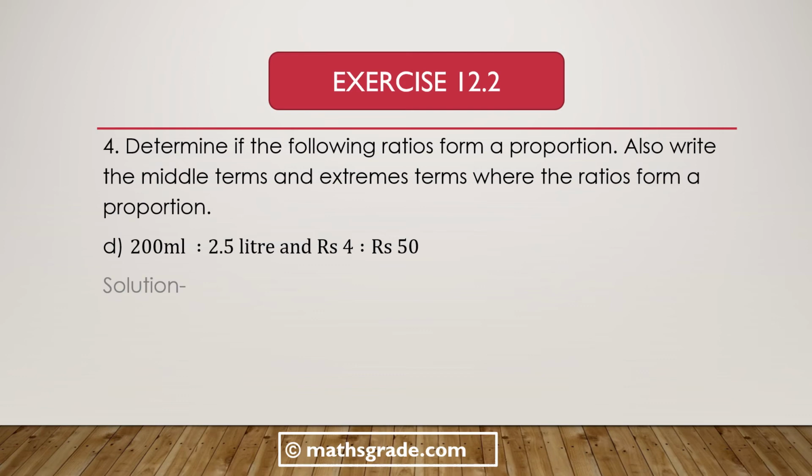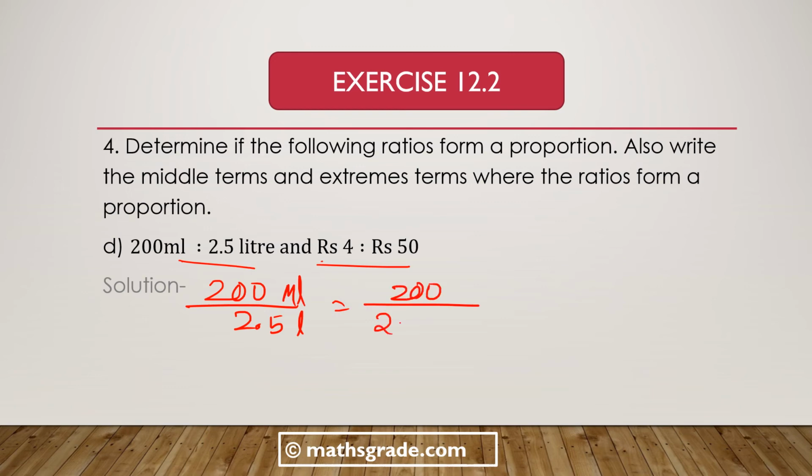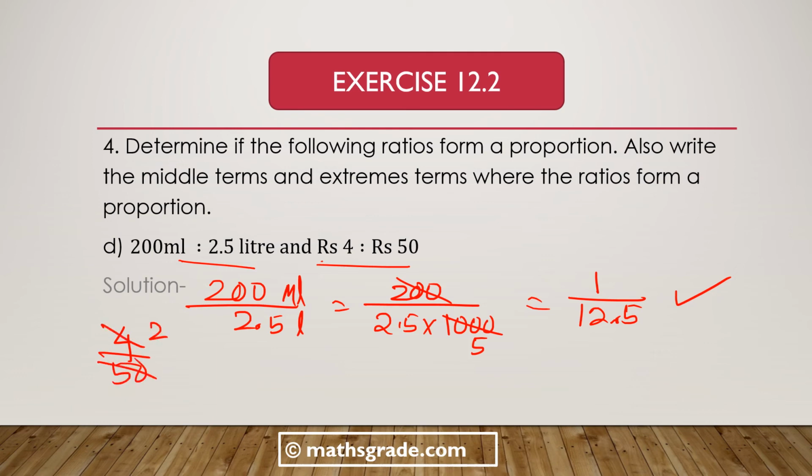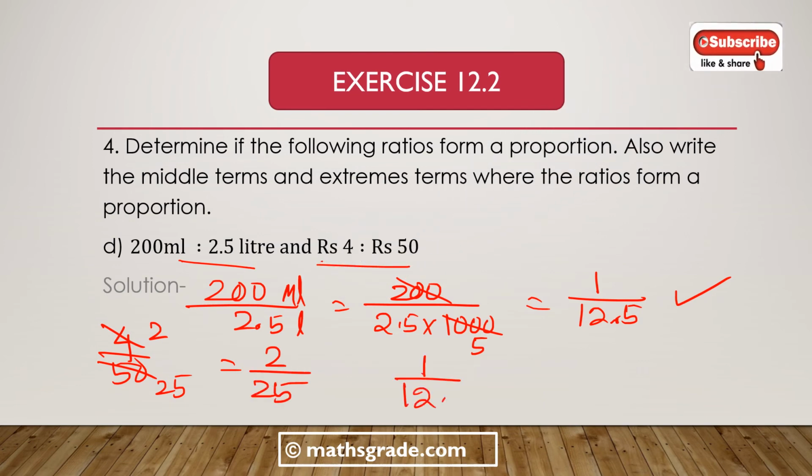Now part D, 200 ml is to 2.5 liters and 4 rupees is to 50 rupees. 200 ml divided by 2.5 liters. 200 ml divided by 2.5 into 1000, that is 1 divided by 12.5, and 4 rupees divided by 50 is 2 divided by 25. 1 divided by 12.5 is not equal to 2 divided by 25.